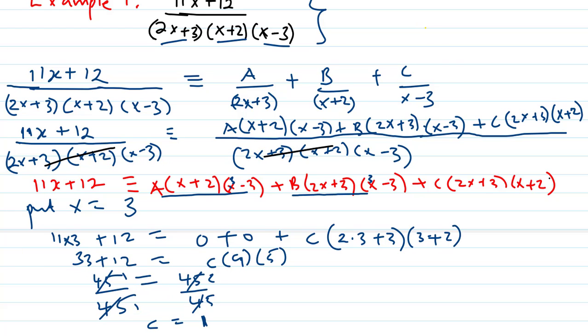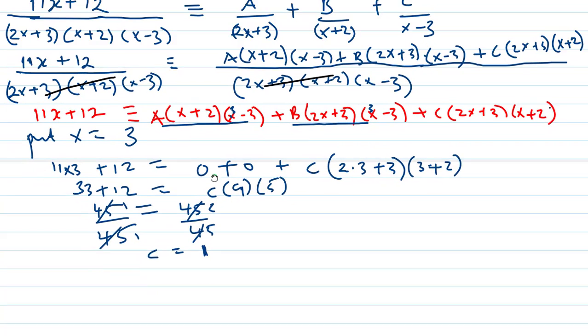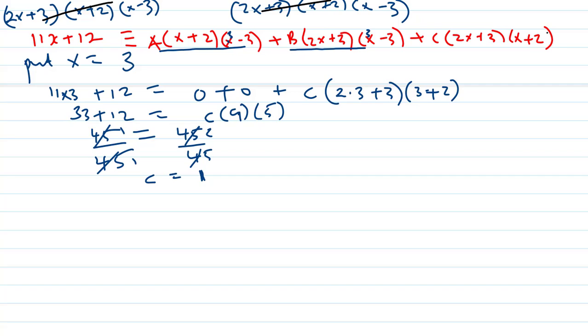Alright, so let's go ahead and find the other constants by choosing another value of x. So let's put x equals negative 2 here. If I put x equals negative 2, negative 2 will make this 0 and this 0. So let's see what we have here.